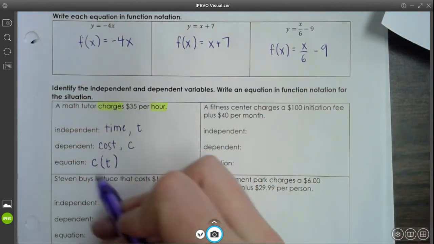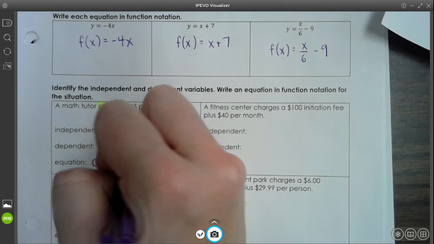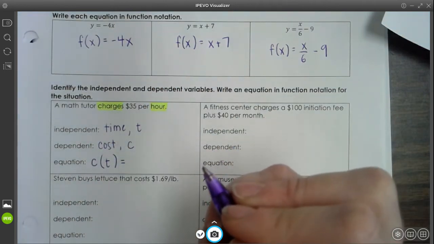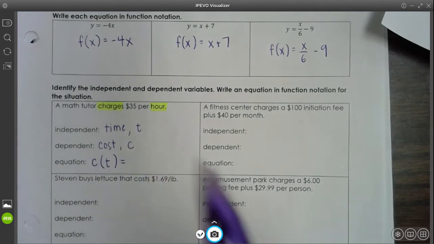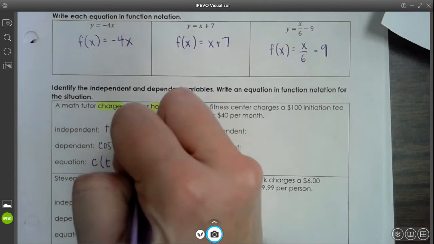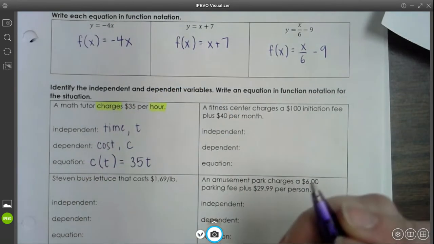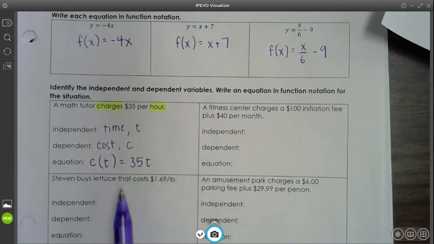So when we write this part of the equation, it's going to be C of T. And it's going to equal, now how do we figure out the cost in terms of time? It's $35 times the number of hours. So it's $35 times T, the time. Okay? So really all we're doing is adding, like the cost is equal to 35 times T. We're just adding this parentheses with T, so it's cost in terms of time.